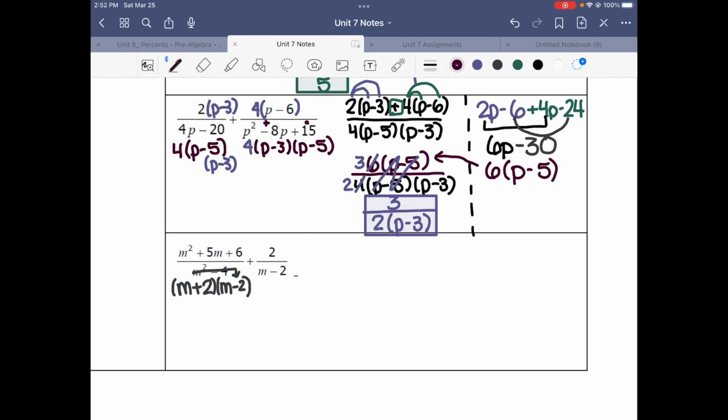Then, to get these two denominators to match, I just need the one on the right side to also have m plus 2. Now they are both m plus 2, m minus 2. So that's going to be my common denominator when I add them together.